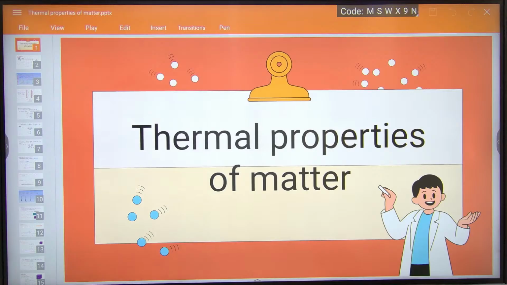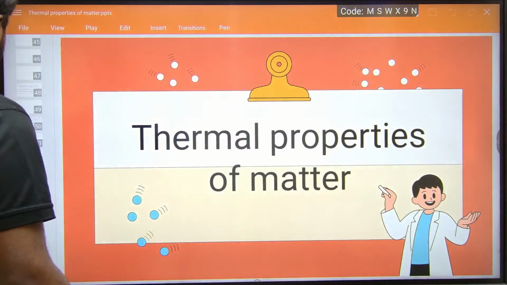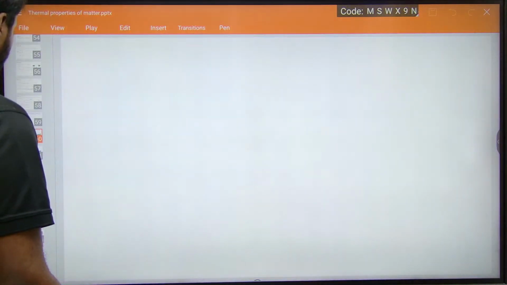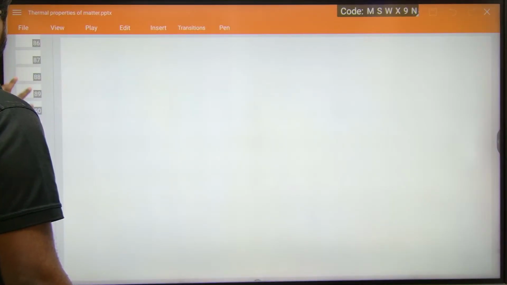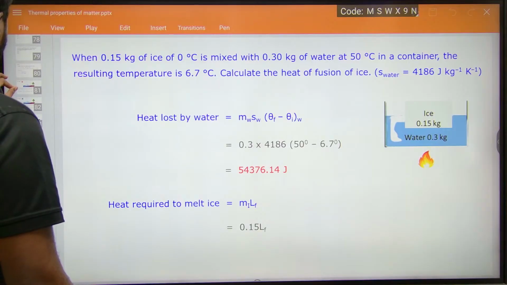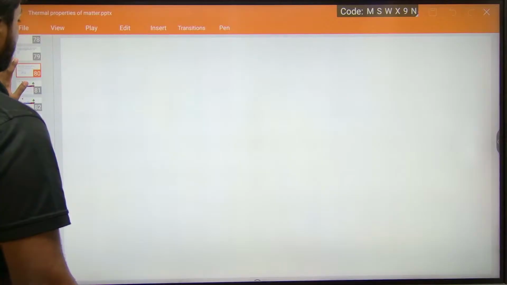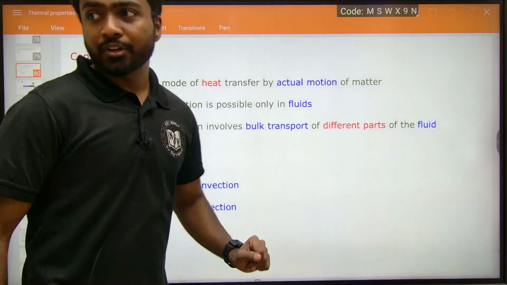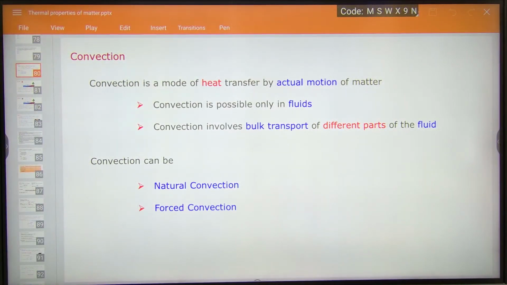So can we start now? So we are seeing this process. I guess we need to start with convection, right? Convection we need to start right now. I guess the people have joined. We can start.